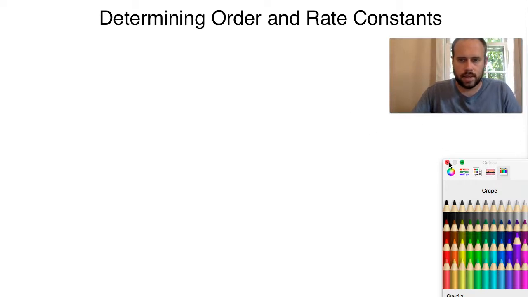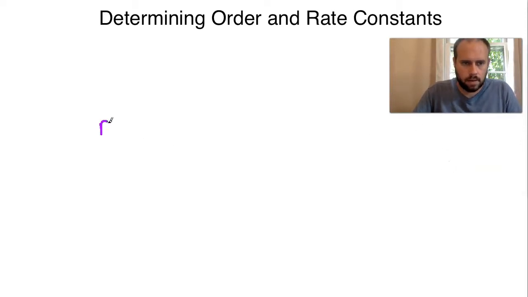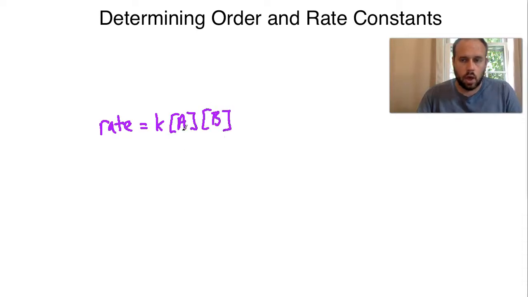So we will say that rate is going to be equal to a rate constant, which we use lowercase k to represent, and then it will be some concentration of your reactants. So I just put A and B here as placeholders.